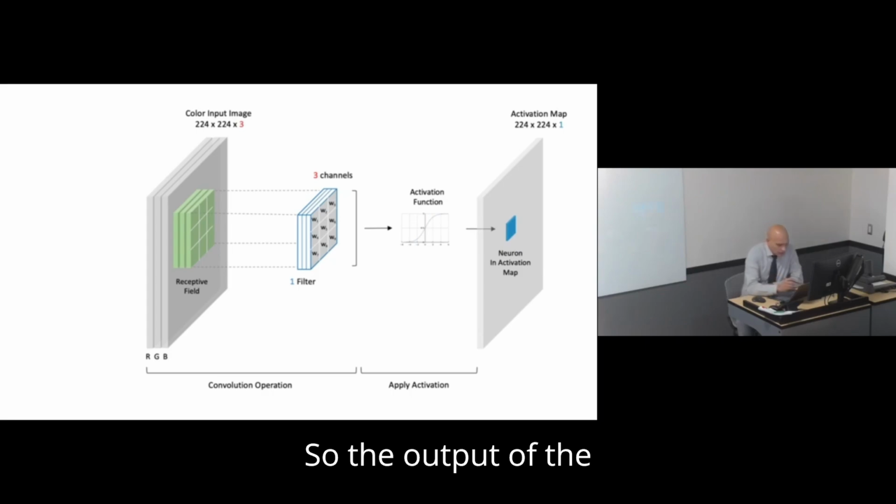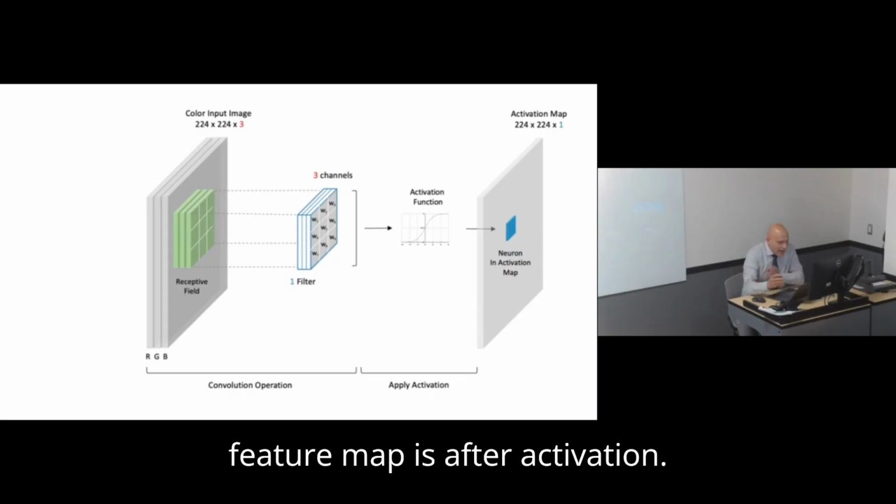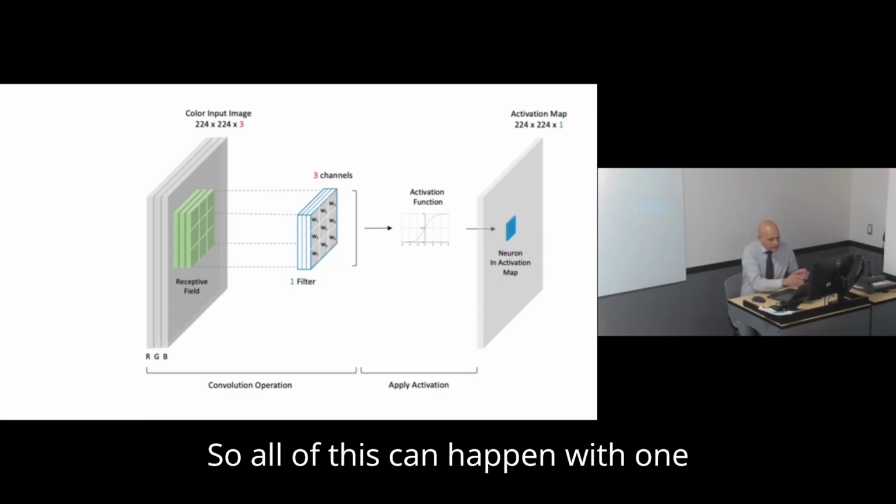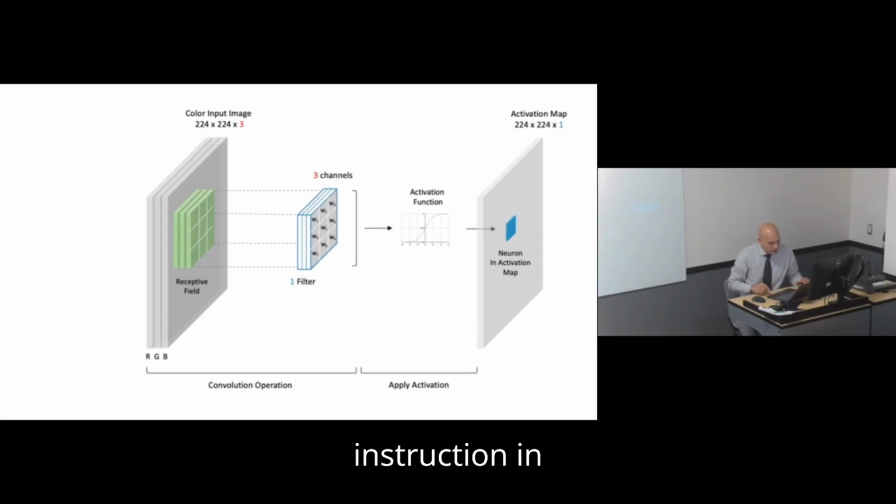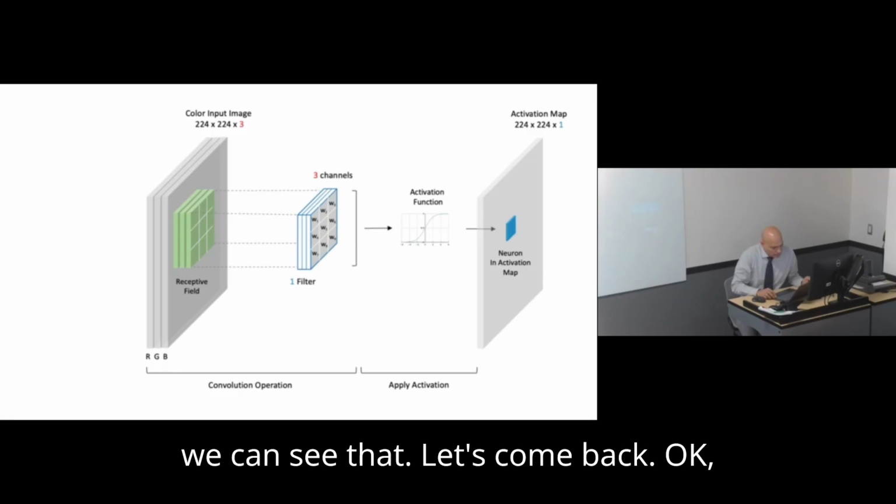The output of the feature map is after activation. All of this can happen with 1 instruction in Python, and we can see that.